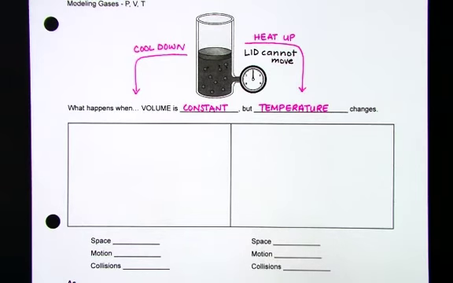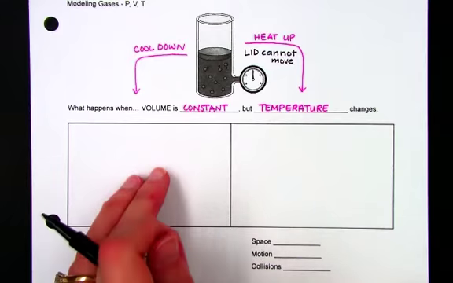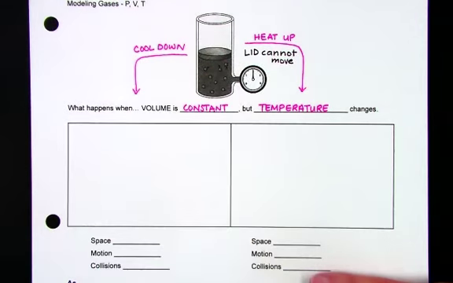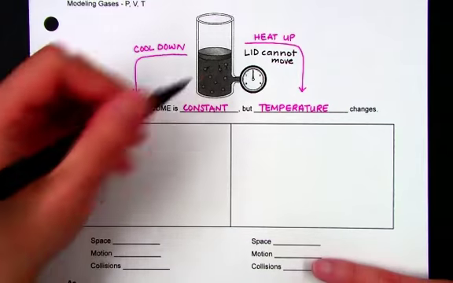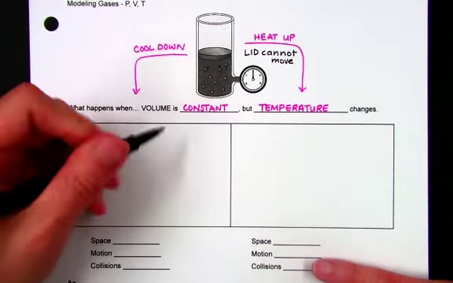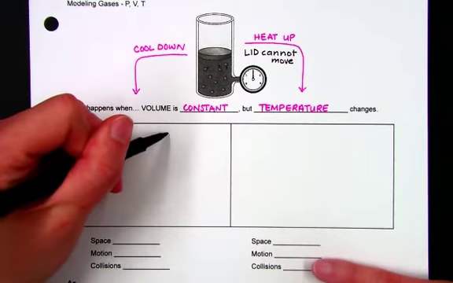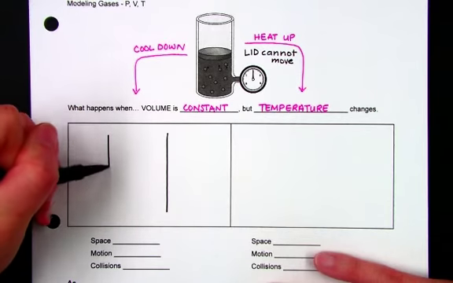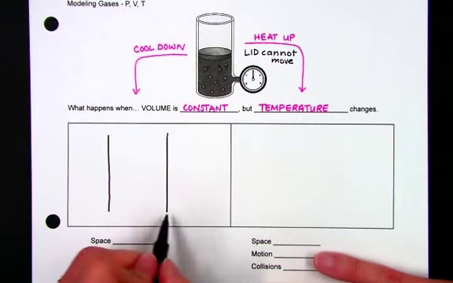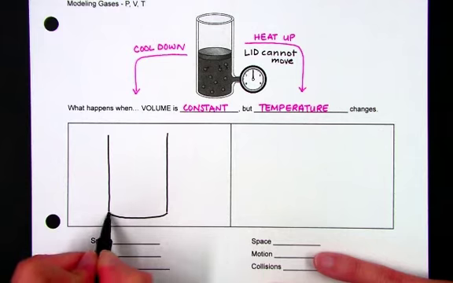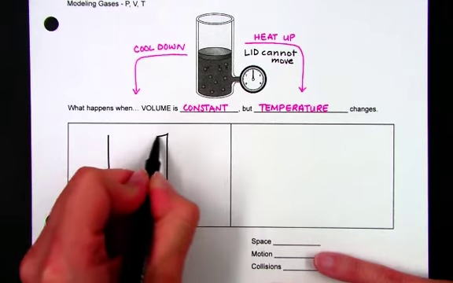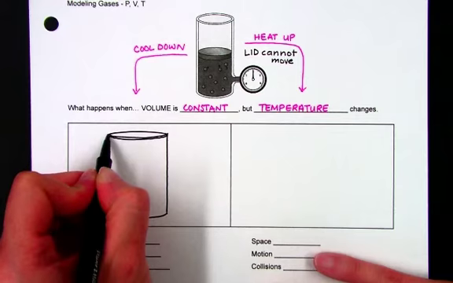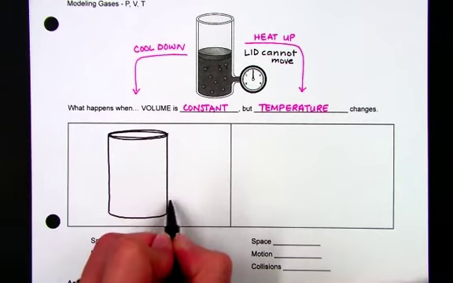So the first thing that I'm going to do in these two boxes is I'm going to redraw this. Now I want it to be just a little bigger than what it has here. So mine's going to look just slightly different. But what you should know is that the container stays the same. So we're just drawing our versions of this container.